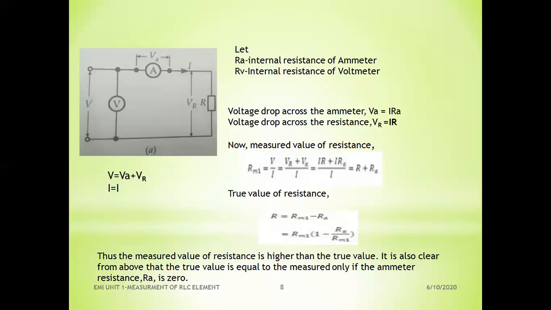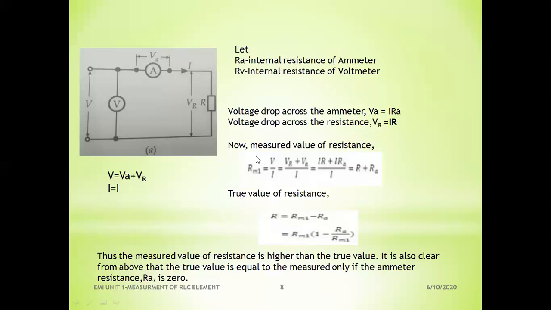By Ohm's law, resistance is equal to V by I. But in this case, the voltage is the sum of VR plus VA, and the current is I. Now we substitute the values of VR and VA.